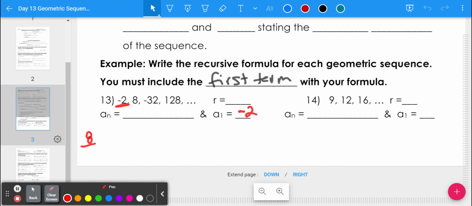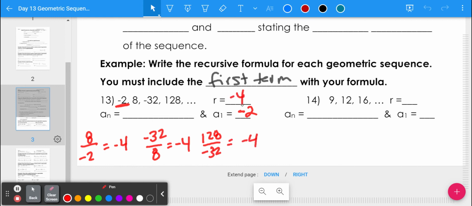And if you don't want to have to think about it, you just take 8 and you divide it by -2, which gives me -4. Then I could take -32 and divide by 8, which gives me -4. And 128 divided by -32, which would give me -4. So as I get ready to write the other part of my recursive formula, a sub n equals a sub n minus 1, and then what did I multiply by? -4.